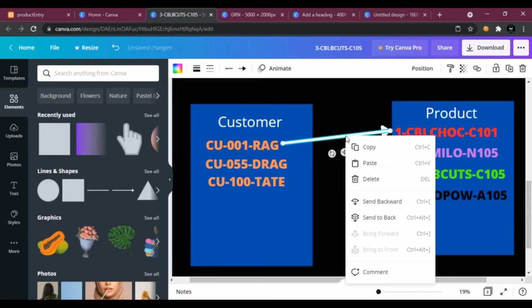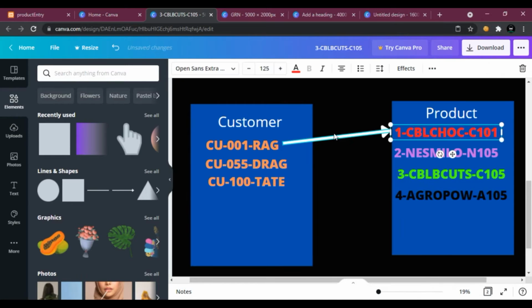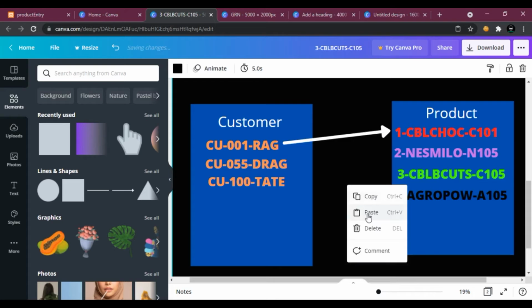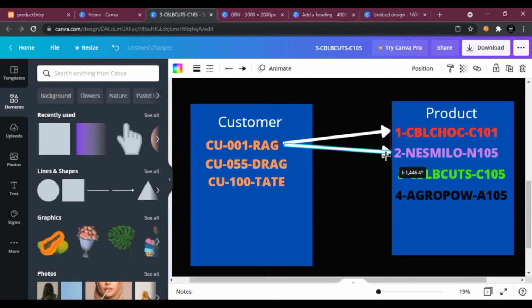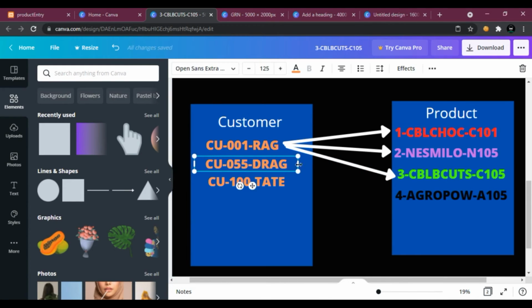He can buy chocolate from CBL. Also, he can buy a Milo from Nestle. Also, he can buy a biscuit from CBL. So the same goes for the others.